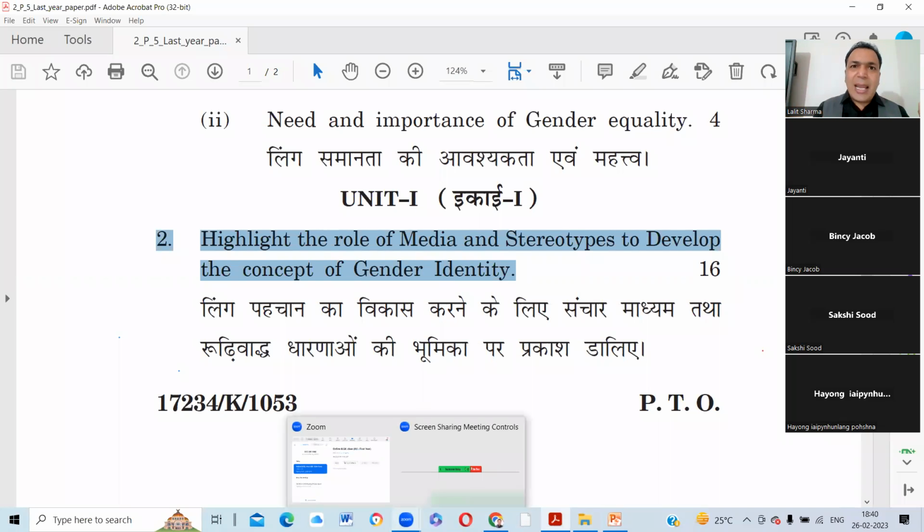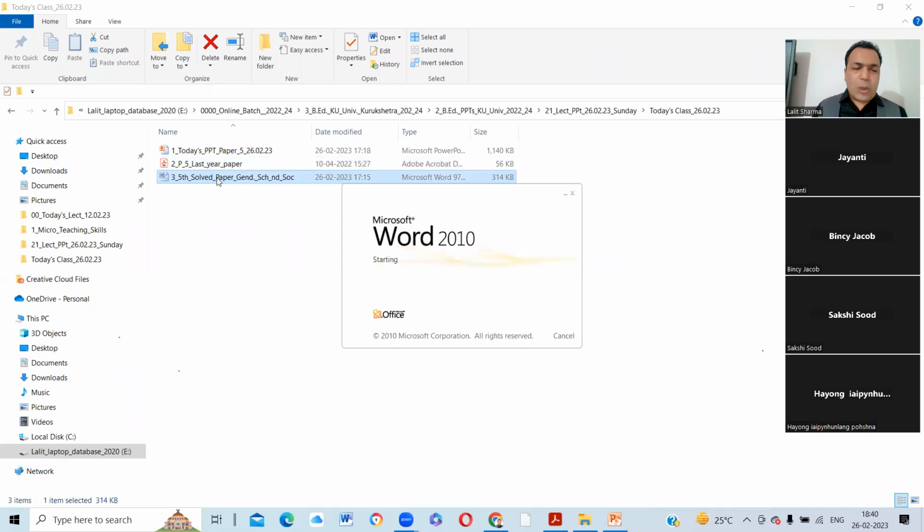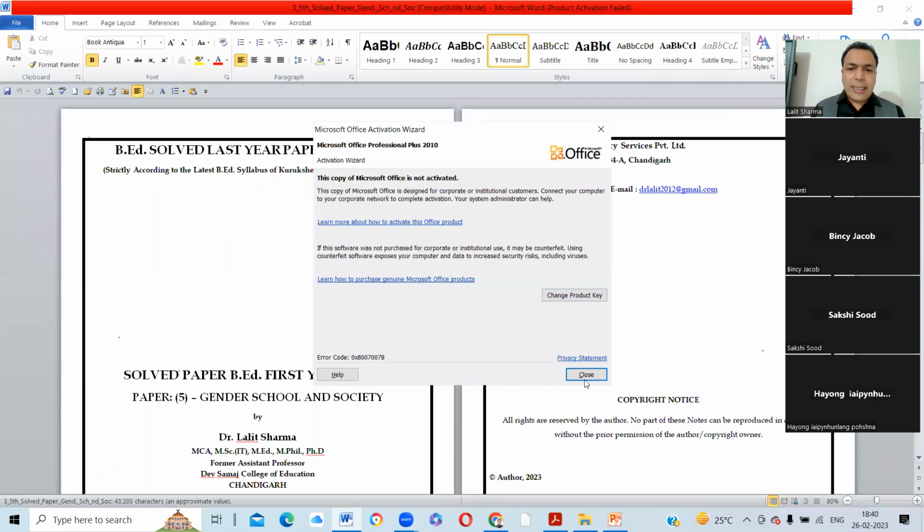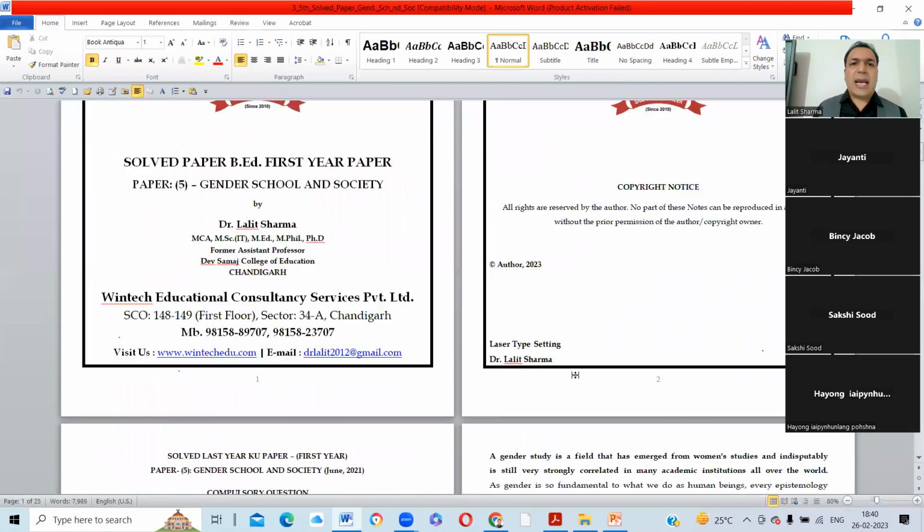Priority is given to the male, male dominating all the other things, right, guys? So in detail we see our PDF file about the role of media and stereotypes in creating gender identity.